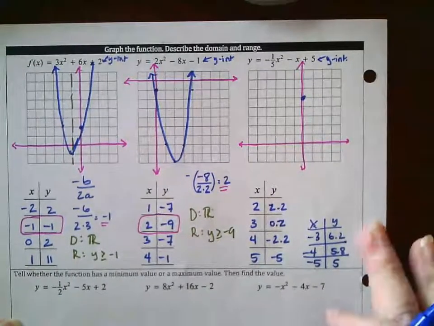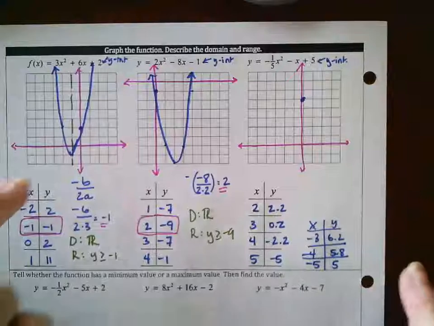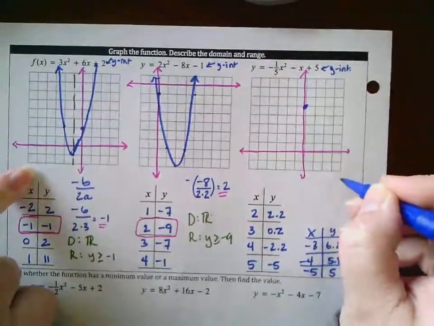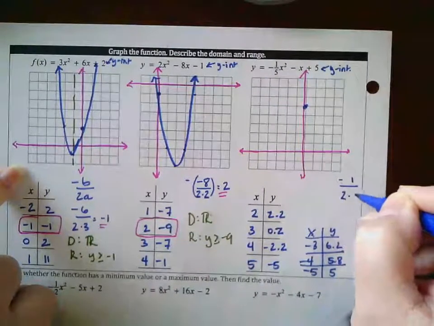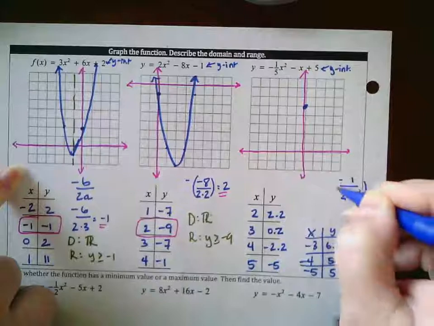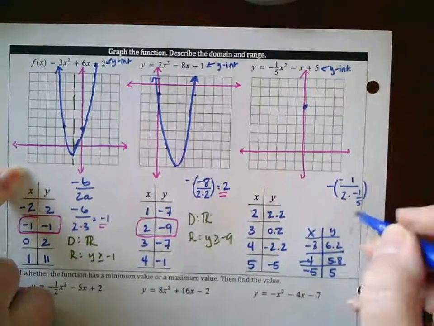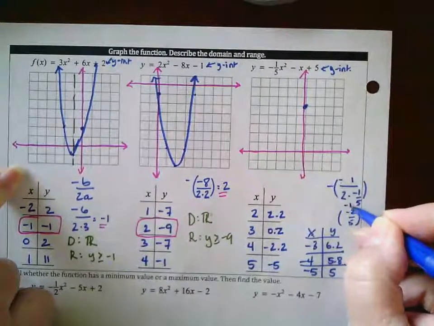Okay, so if you're graphing this, like I said, it's very wide. And if you're looking for your vertex, it's going to be -1 over 2 times -1/5. So this becomes -2/5 over -1.